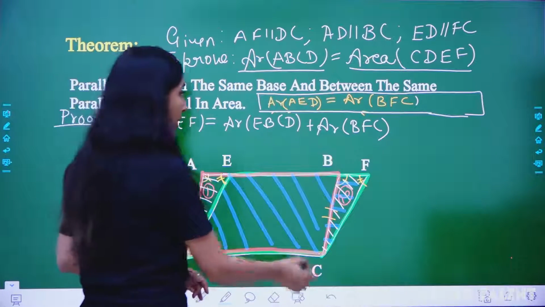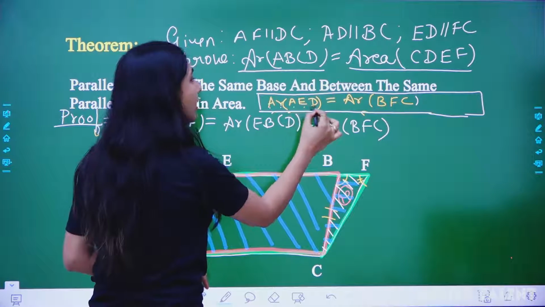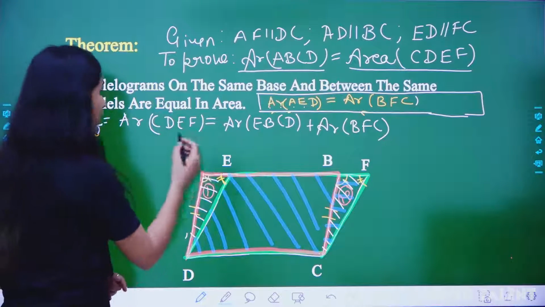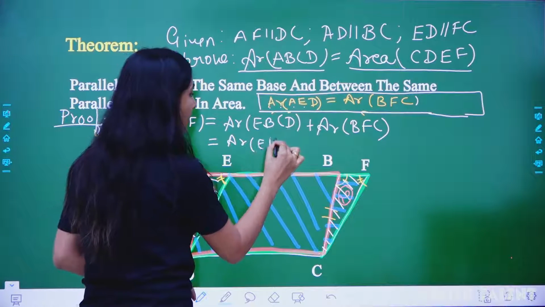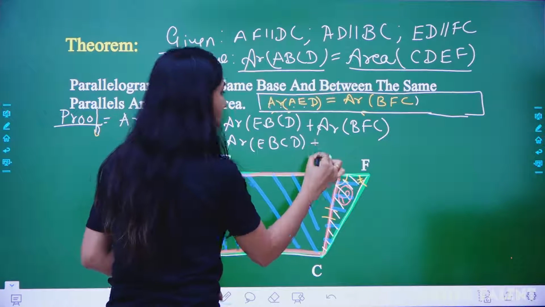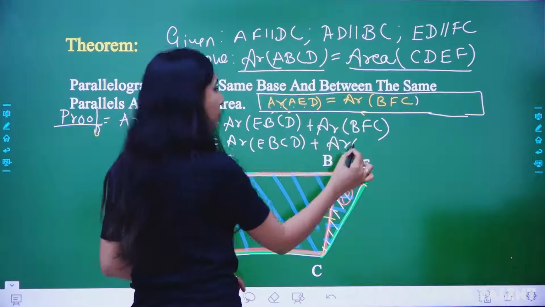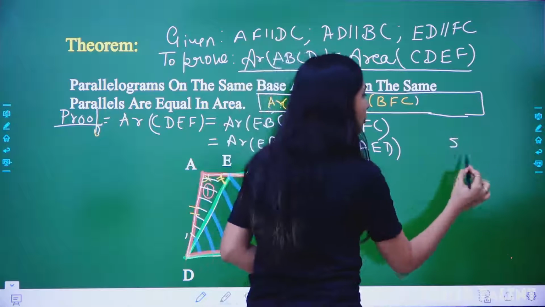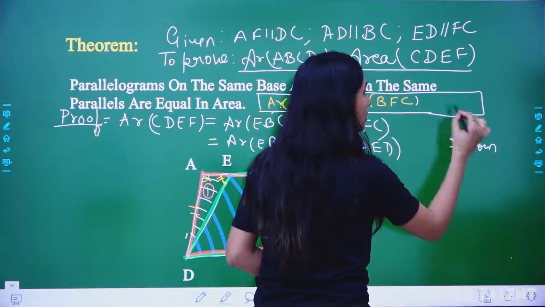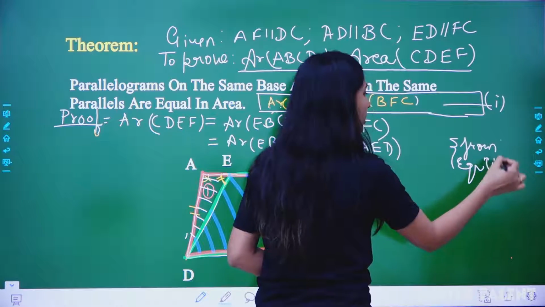Understood? Now I'm just going to replace this area BFC with the area AED. That is equal to area EBCD plus area AED, from equation 1.